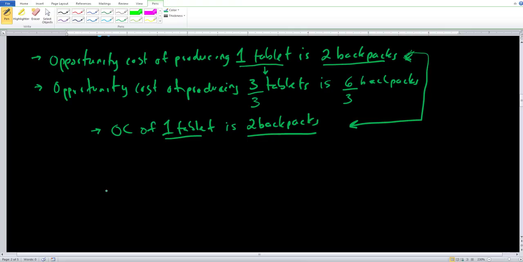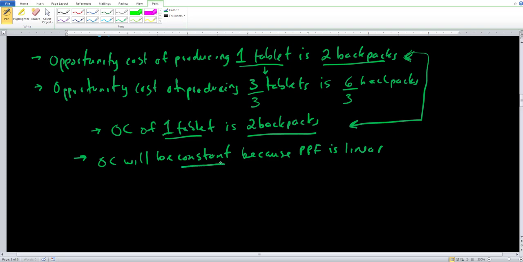Anytime we have a linear PPF, our opportunity cost will always be the same, or constant. It'll never change. So opportunity cost will be constant because the PPF is linear. Constant meaning that we have the same ratio, it's never going to change, and that's only because our PPF is linear, it is a straight line.